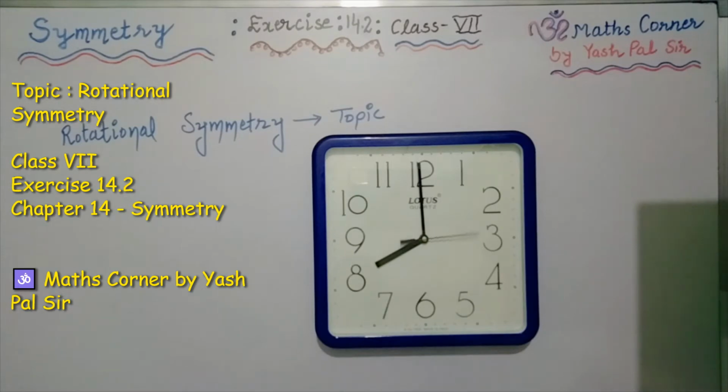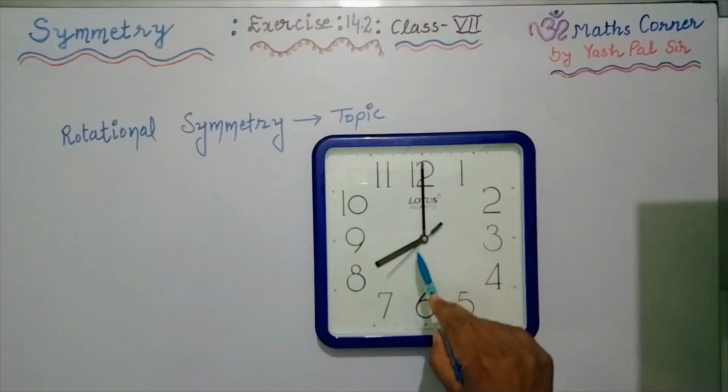Dear students, observe this clock carefully. What do you see? What do you say when the hands of a clock go round? You say that they rotate. The hands of a clock rotate in only one direction.